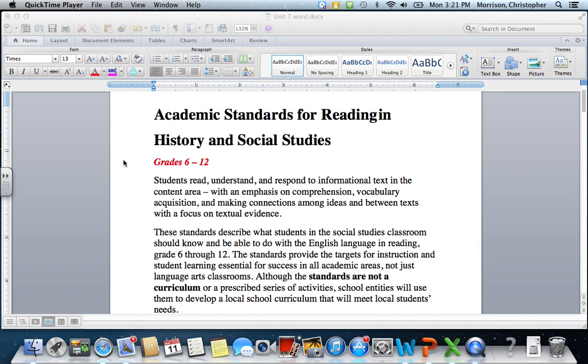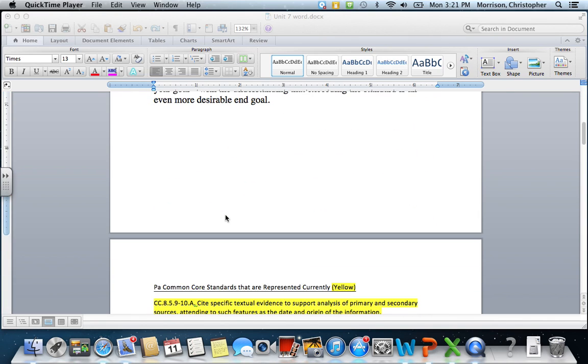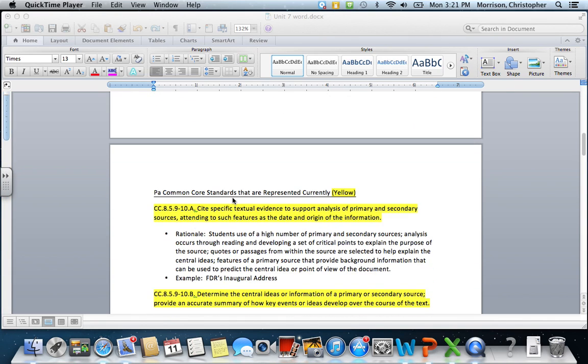To begin, the assignment is set up with the yellow standards of the PA Common Core. These standards are the ones that I feel I accomplish in my course.